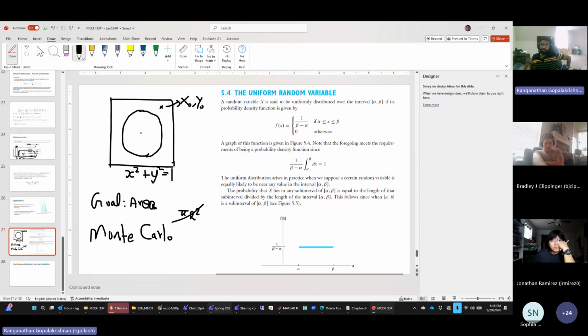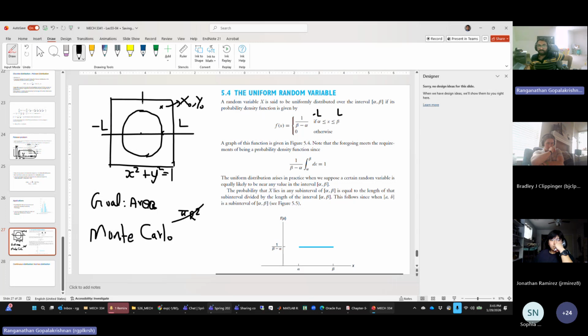If I take random numbers, let's say I want to generate a random number in the x direction. So I have the line. Let's say this is minus L, this is plus L, like my alpha is minus L and beta is plus L. I want to select a point which is randomly located on this line. I select the x value.